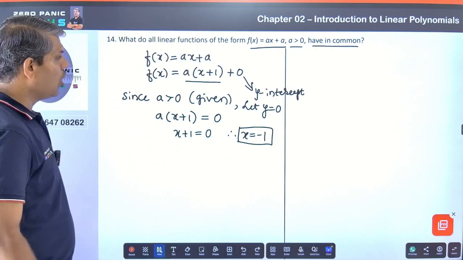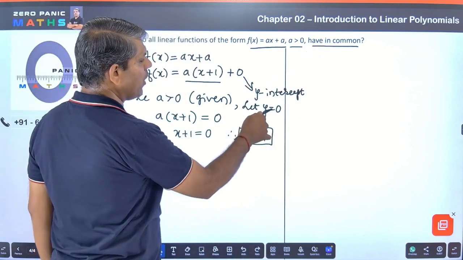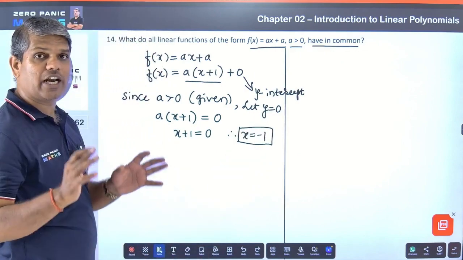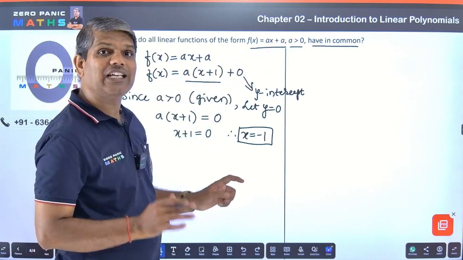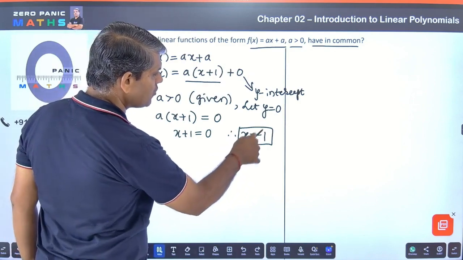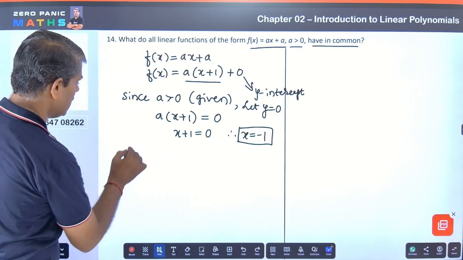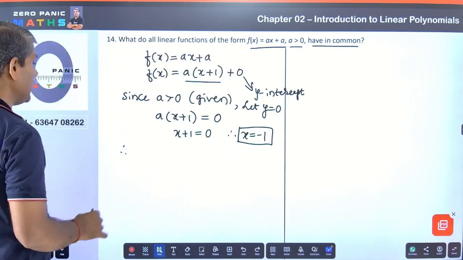Understood this? So what all these lines have in common is, if you put y is equal to 0, you are finding the coordinate point where all these lines cut the x-axis. At what point they cut the x-axis is minus 1, 0. So that is one common thing in all these lines.